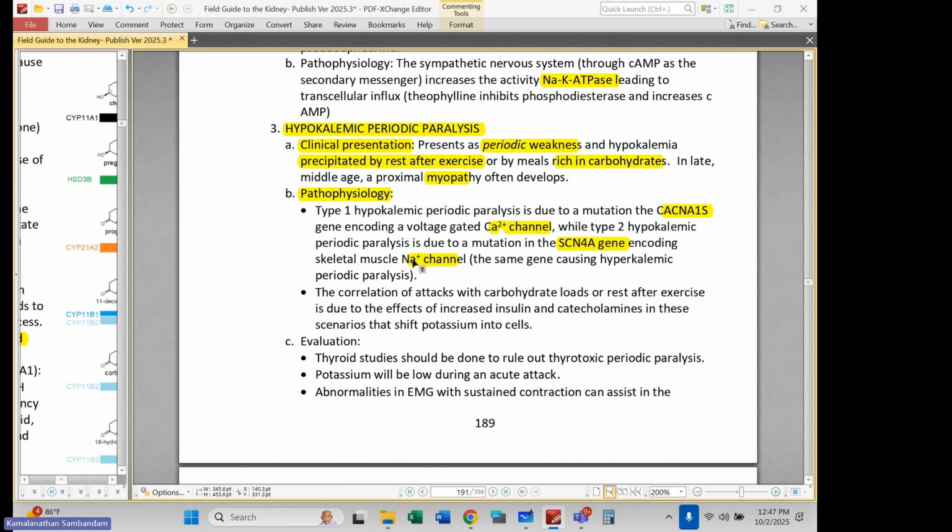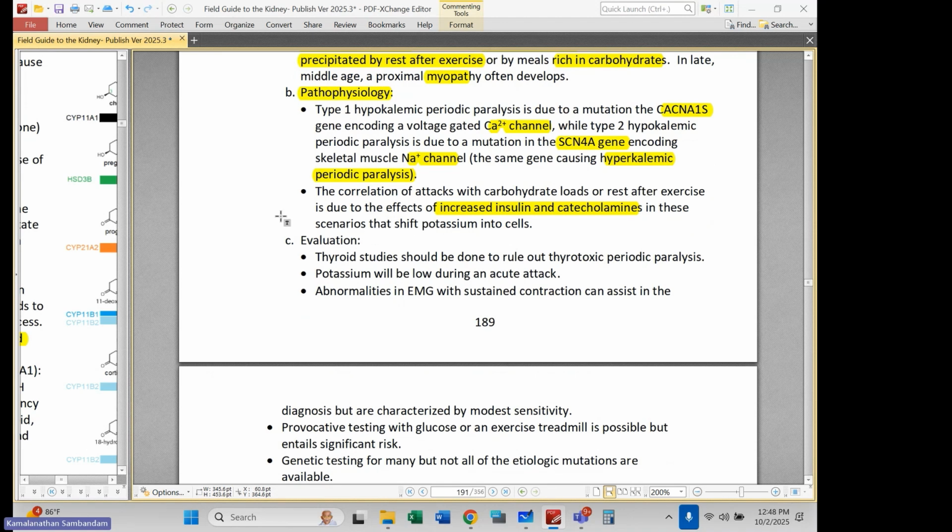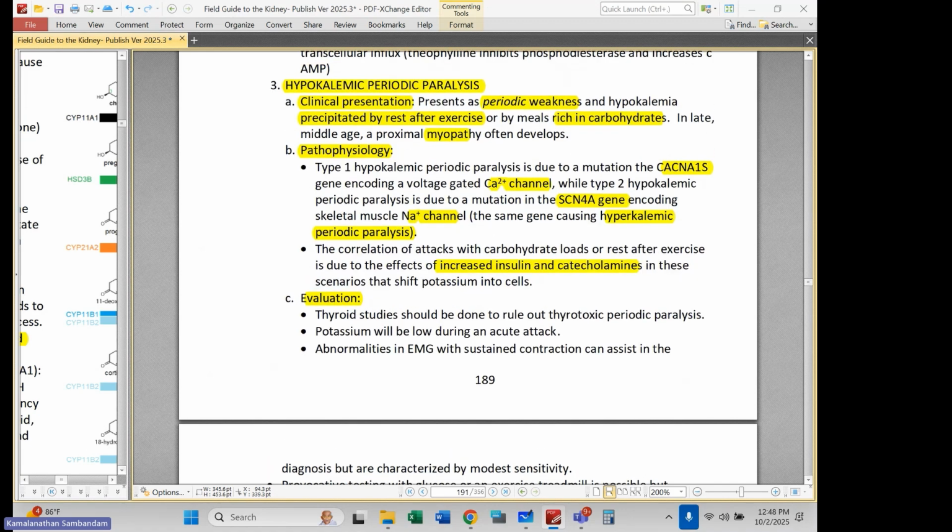Okay, you can see that this sodium channel is the same channel that is mutated in the other variant, hyperkalemic periodic paralysis. Okay. I've already made this statement describing the precipitant after carbohydrate loads and exercise. So let's move on to the evaluation of these patients.